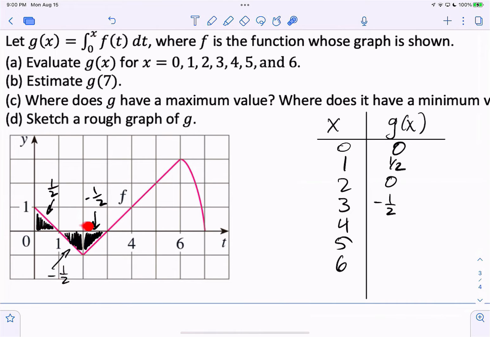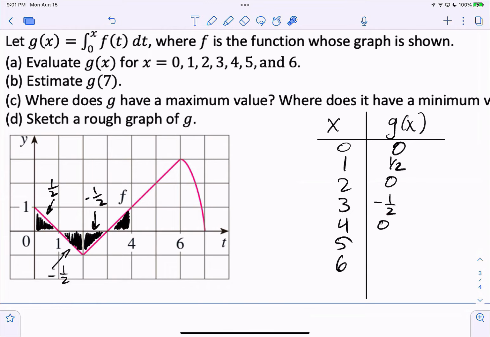From 0 to 4 for g of 4, I now have another triangle of area 1/2. Ultimately I've got 2 positives and 2 negatives. Really what I'm doing is adding a half to this negative 1/2, because I started at 0 again. Anyway, the answer here is going to be 0. If all of that didn't make sense, maybe it'll start to after these next two.